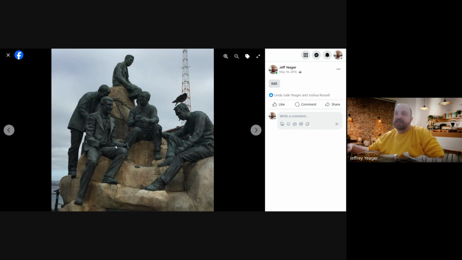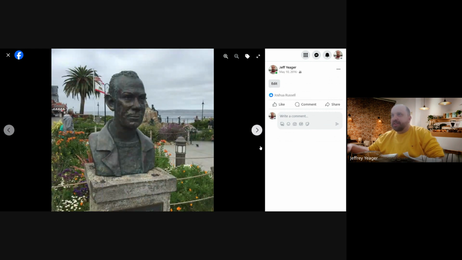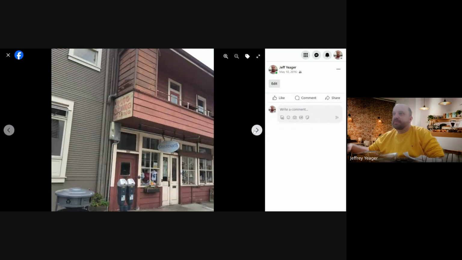And this is really nice. Of course, we got the raven here on Steinbeck's head. I don't know, that was kind of ominous. And there's a bust of him, which you can see there today. And there's the picture you showed, Shane, of Lee Chong's store.